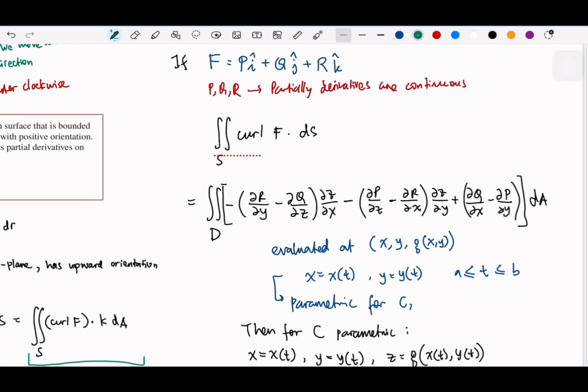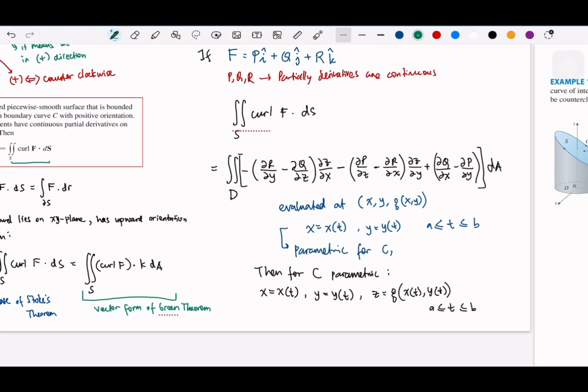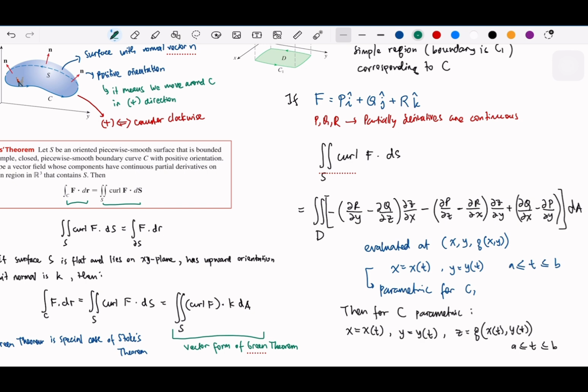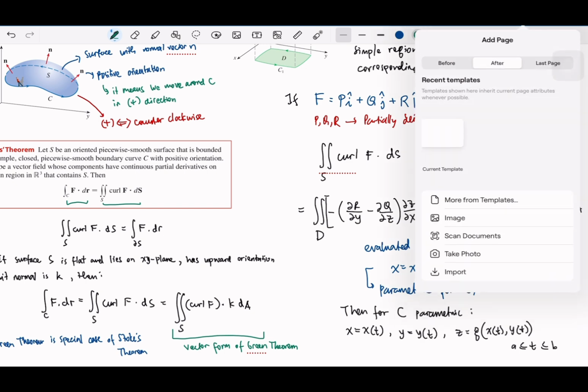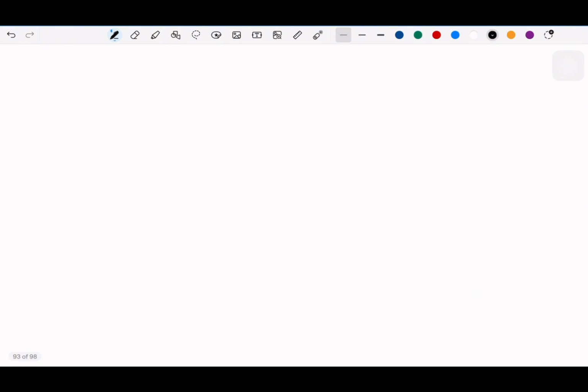So this will be the curl. Let me finish this off, and then the line integral F dot dr.